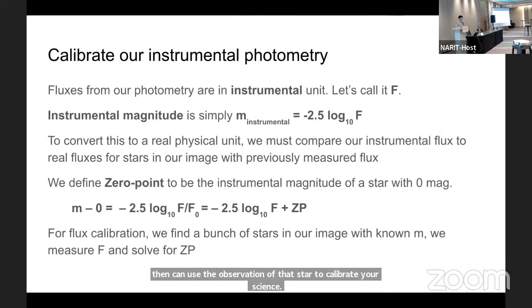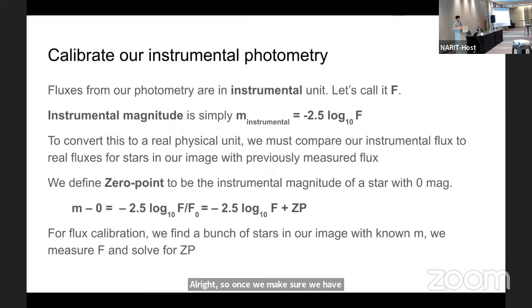All right, so once we make sure we have that kind of star, we can do this measurement of a number called the zero point. What this really means is that it's just the flux of something at magnitude 0. So going back to the definition we had before, the difference of magnitudes, M1 minus M2, but in this case M2 is just 0.